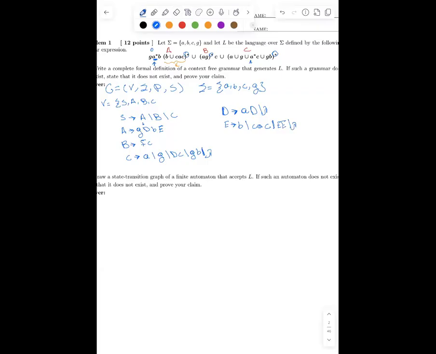Then for F, I will get a and g, F, because it's the clean star, or it can be 0, so I will use the lambda again. And lastly, I have the C, but in C, I'm using the D here for this part.